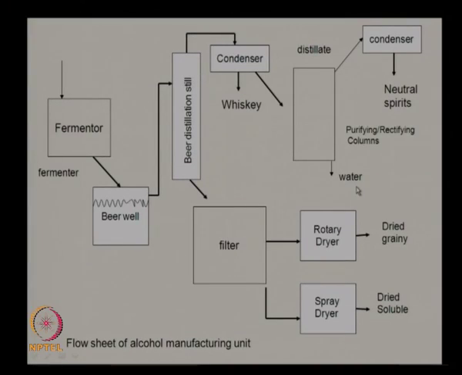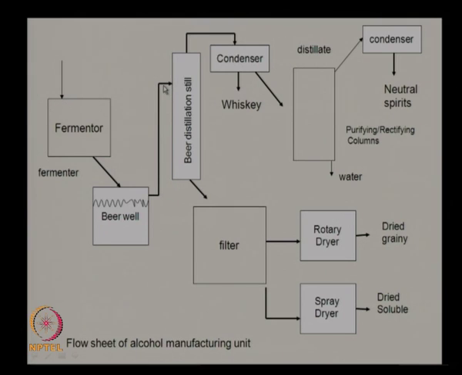You may go into separations like membranes and so on. Here it is a product which can withstand high temperatures, so you are resorting to distillation. But if you are going to have products like a protein or enzymes which might not be able to withstand the temperature, you may not be able to use distillation. There you may have to use some other downstream process.